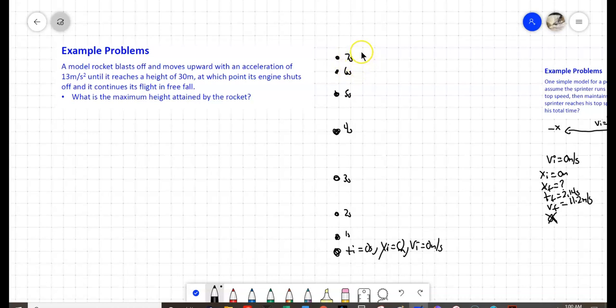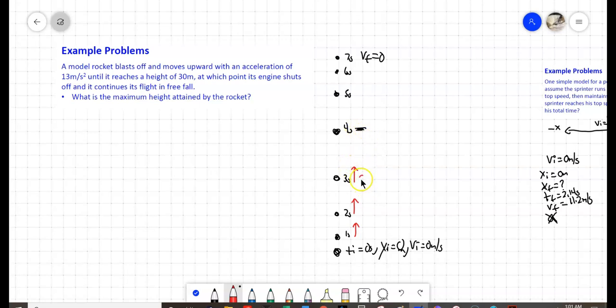And I'm going to say V final equals 0. So it's going to speed up to this point right here, with the acceleration vector pointing upwards at each one of these points in time.